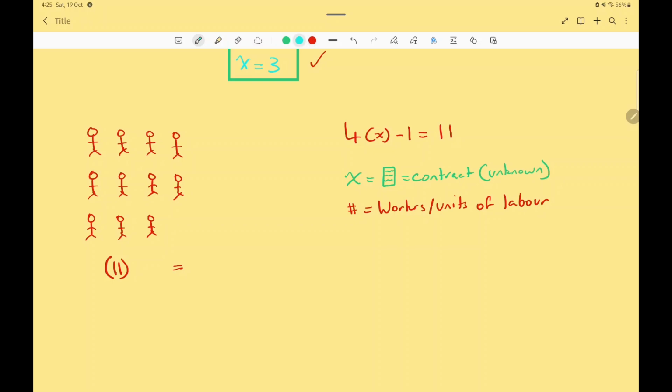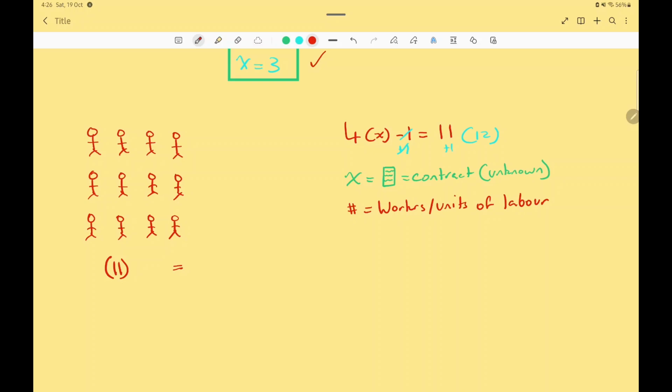So remember, we can rearrange these. If we add 1 to both sides, that's going to bring your total to 12, aka 12 workers. That is the total number of workers you have.